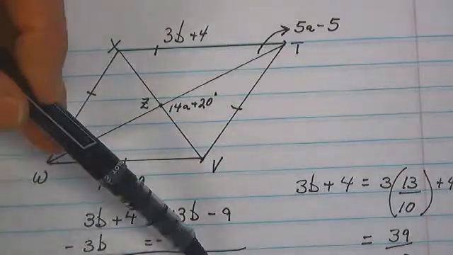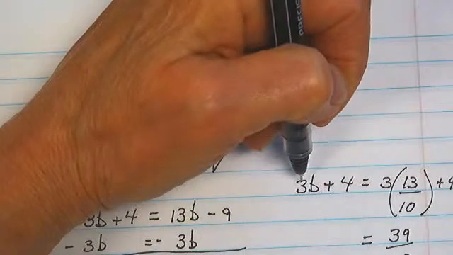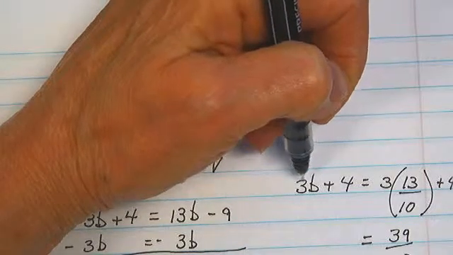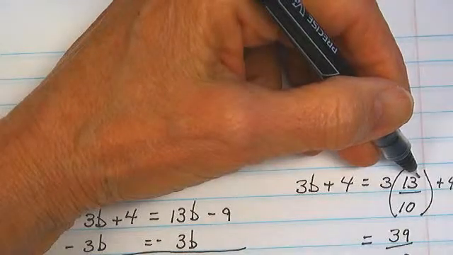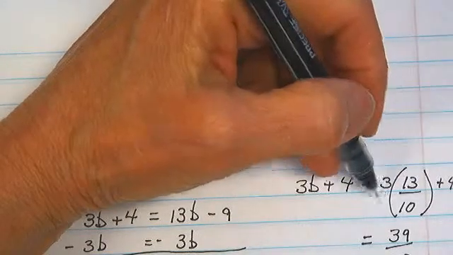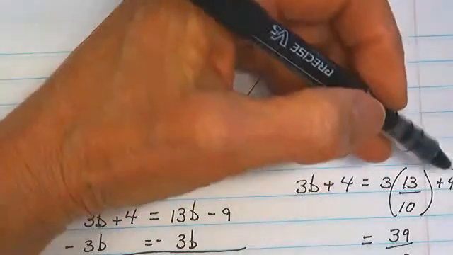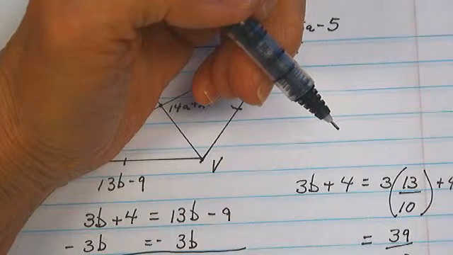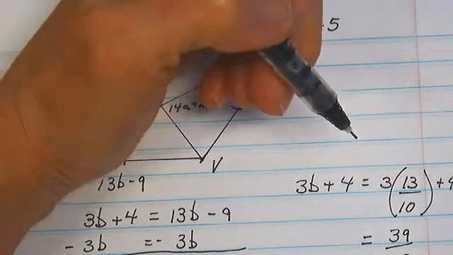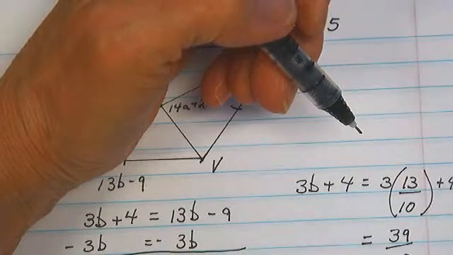Add 9 to each side. 3b plus 4 is 3 times 13, which is 39, divided by 10 is 3.9, plus 4 is 7.9. 13 times 13 is 169 times 10.